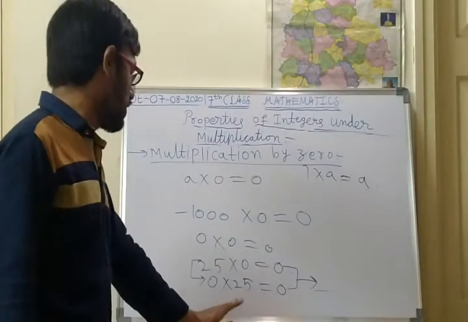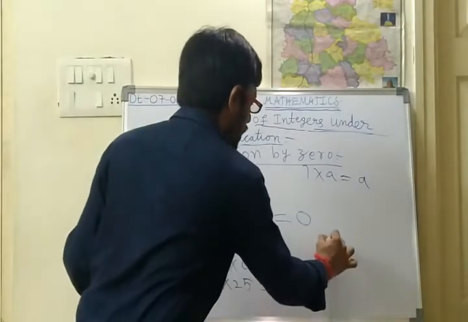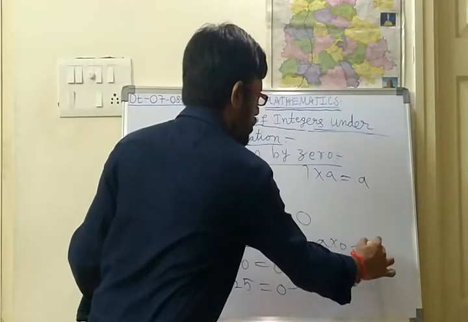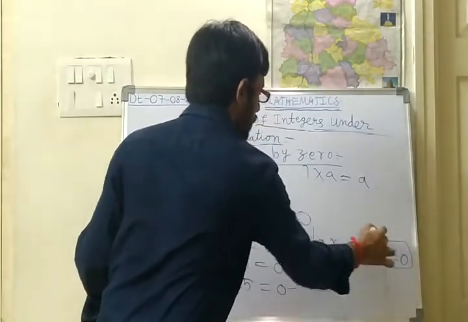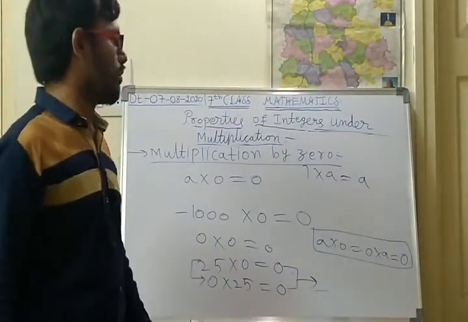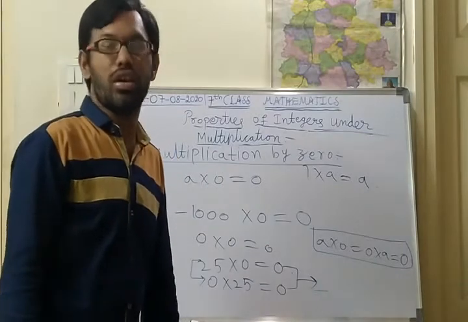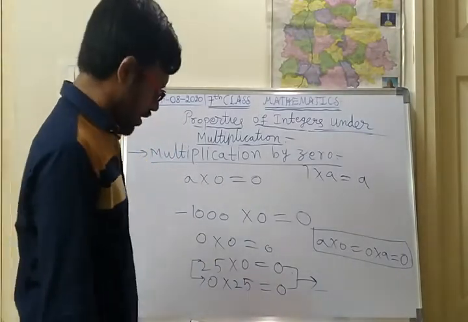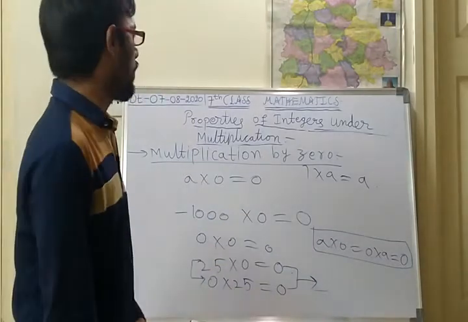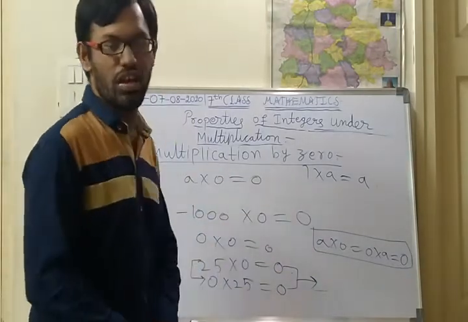So a into 0 is equal to 0 into a, which is equal to 0. This is the property of multiplication by 0. I hope you have understood this concept very well. With this, the properties of integers under multiplication are also completed.